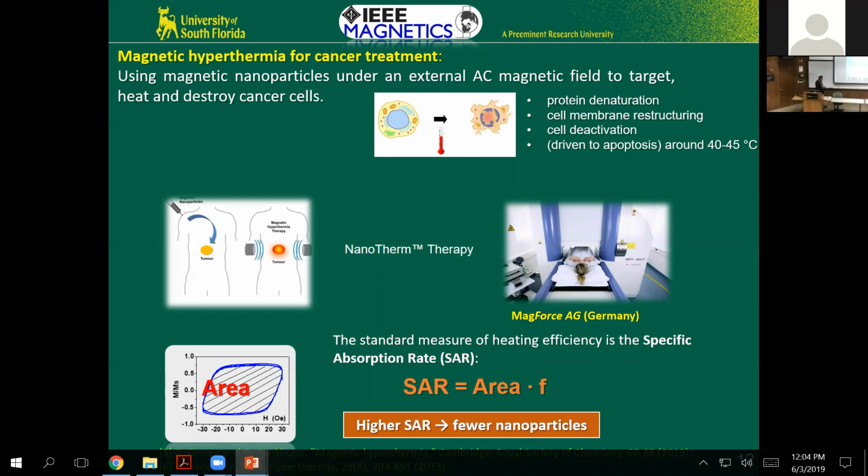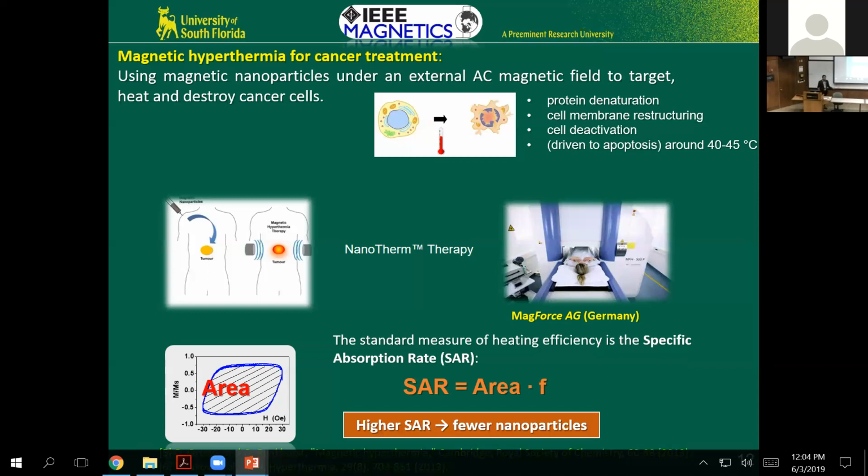Okay. And like any other technique, you need a figure of merit. The figure of merit that is used here is called the SAR, specific absorption rate. You can think of a very simple definition of this as the area of the hysteresis loop multiplied by the frequency. So clearly we can change the frequency, we can change the AC field amplitude, and also we can use nanoparticles that have a large saturation magnetization.